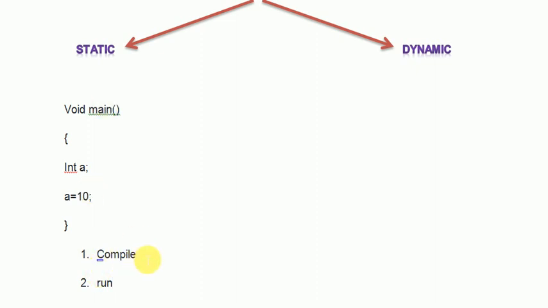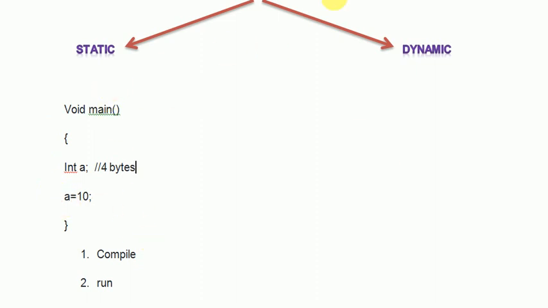At the compile time, if we have declared a variable statically, then the memory is allocated during the compile time. When we compile this program, the memory of this integer is allocated, and suppose the size of integer is 4 bytes, then 4 bytes get reserved in the memory for this integer variable which is named as a, right? And during the compile time the syntactical errors are also checked.